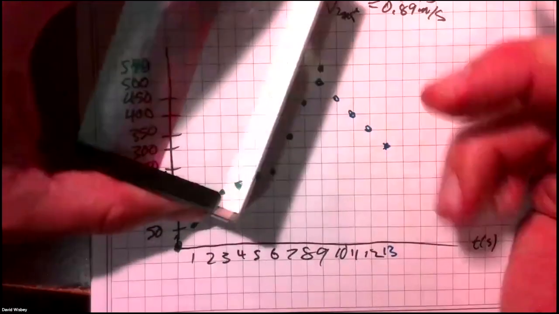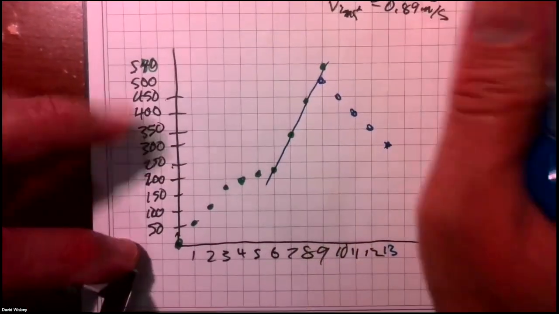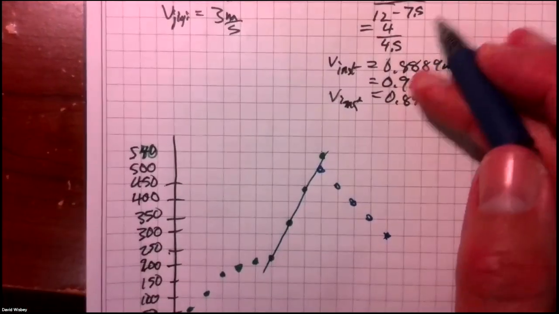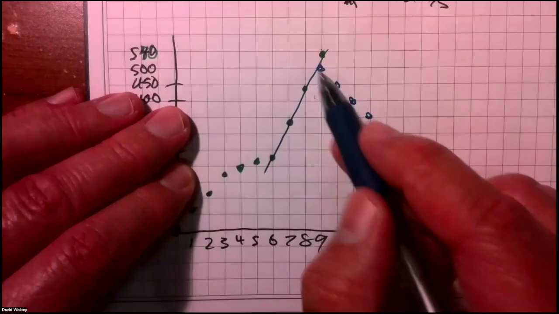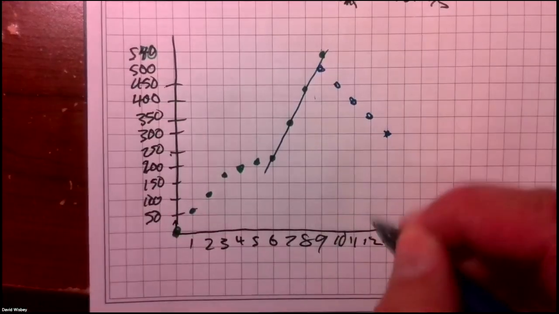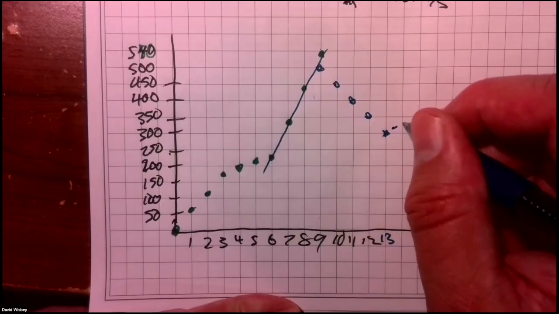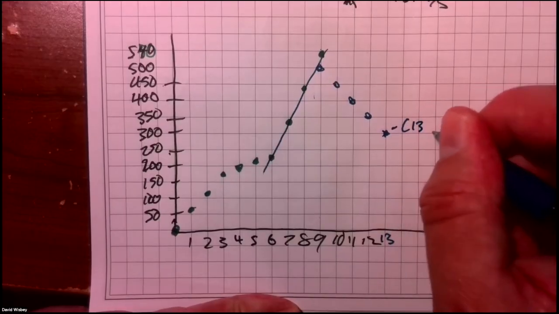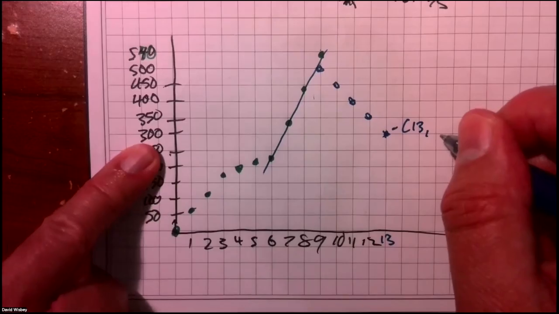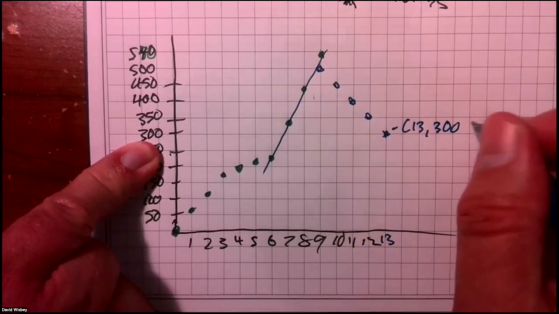These other ones over here have a positive slope. I got a positive number up here when I found the velocity. When I did rise over run, that was a positive value. But now let's look at this part over here. My final position is going to be right here, and that is going to have a time coordinate of 13, and then my y coordinate is my position, so it's going to be 300.